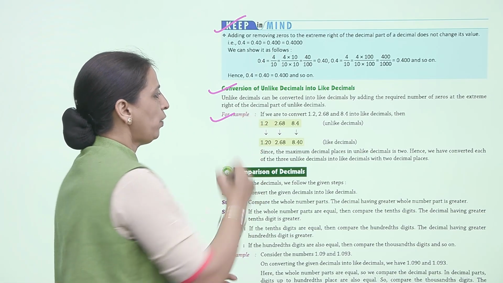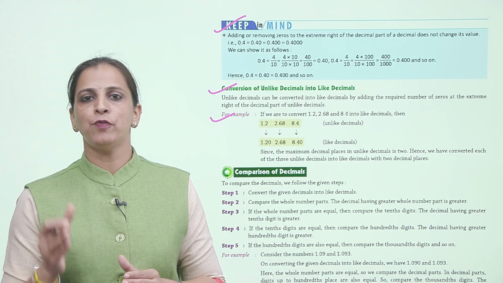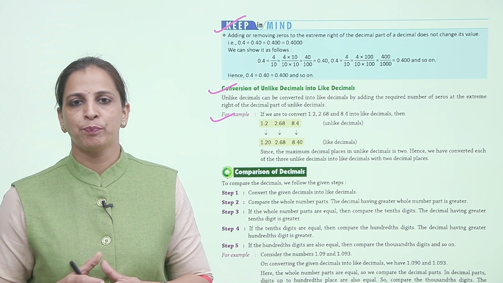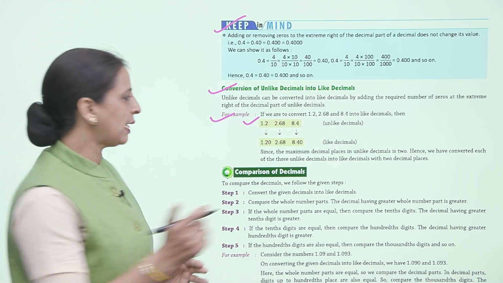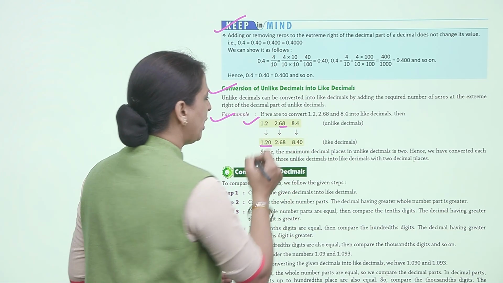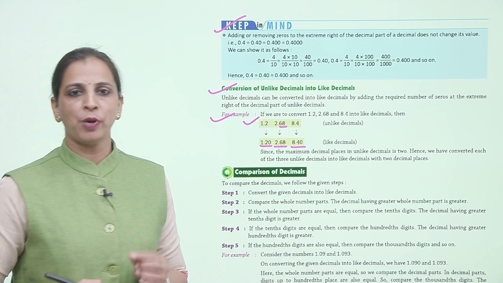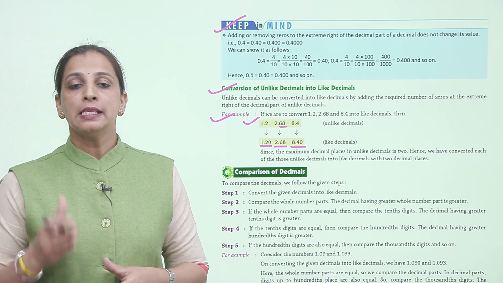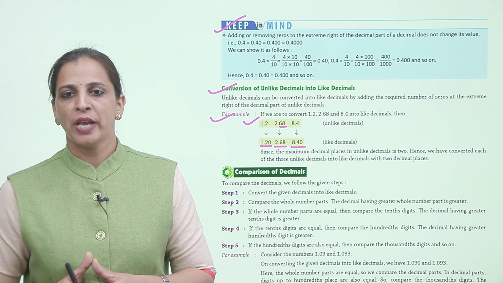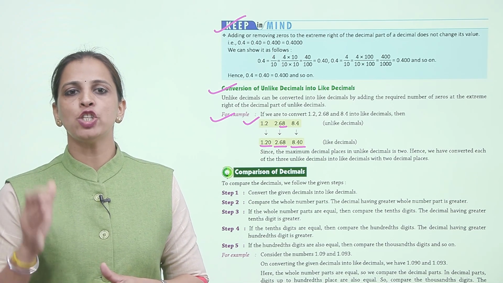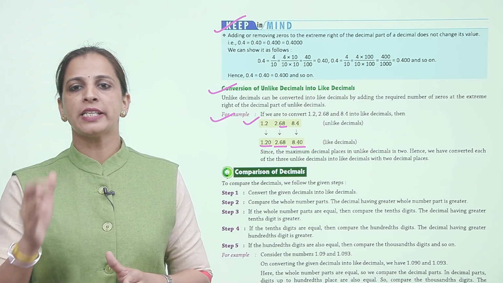For example, if we are to convert 1.2, 2.68 and 8.4 into like decimals, then unlike decimals है ये हमारे, तो हमने क्या किया, मैक्सिमम नंबर कितना है आफ्टर डेसिमल 2, तो 1.20, 2 के बाद 0 पुट किया, 2.68 ऑलरेडी 2 है एंड 8.40 दे आर लाइक डेसिमल्स. Since the maximum decimal places in unlike decimals is 2, hence we have converted each of the 3 unlike decimals into like decimals with 2 decimal places.